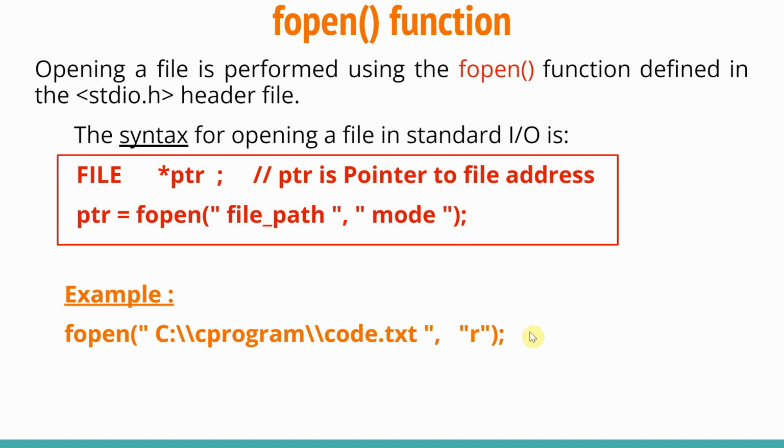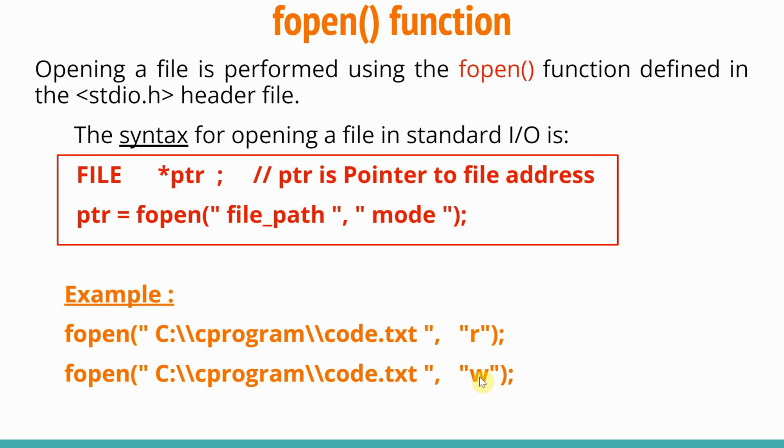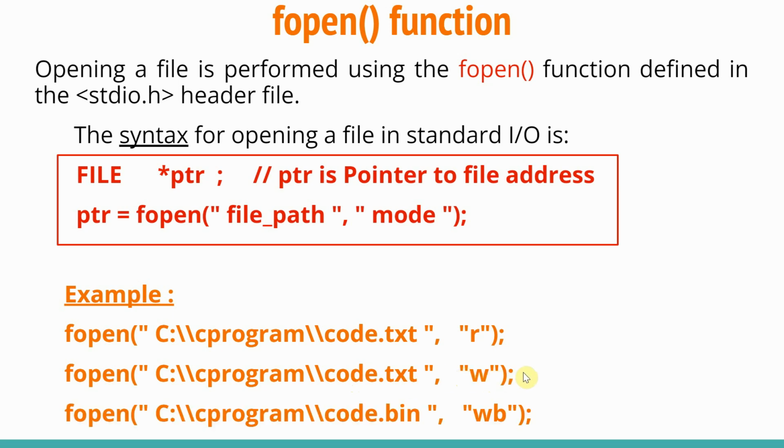Let us look at one more example. If I want to open the same file in write mode, where I can write new information into that file code.txt, then C drive, C program folder, code.txt, then open it in write mode. And let us look at the last example, where if you want to work with a binary file, then you need to write wb, because if you remember from that table, the B is added for all the binary files.